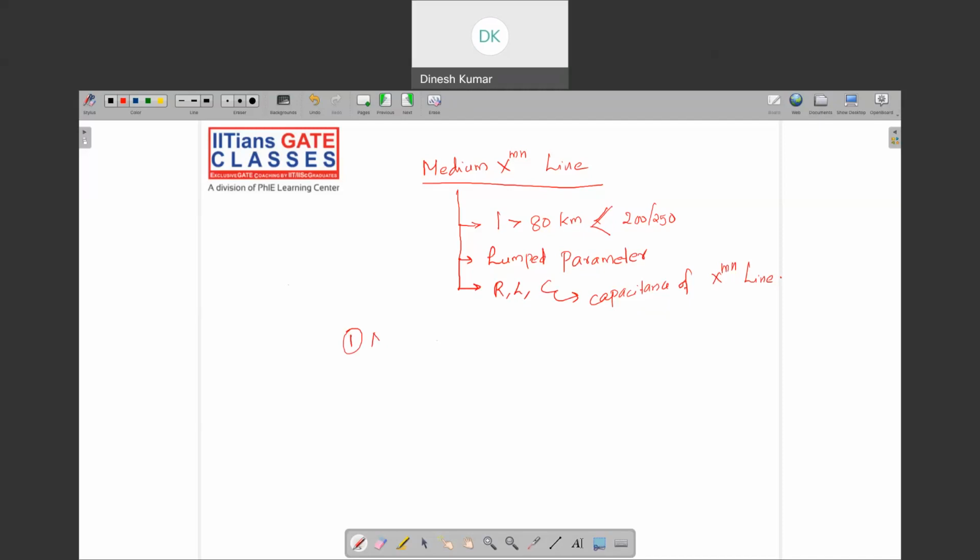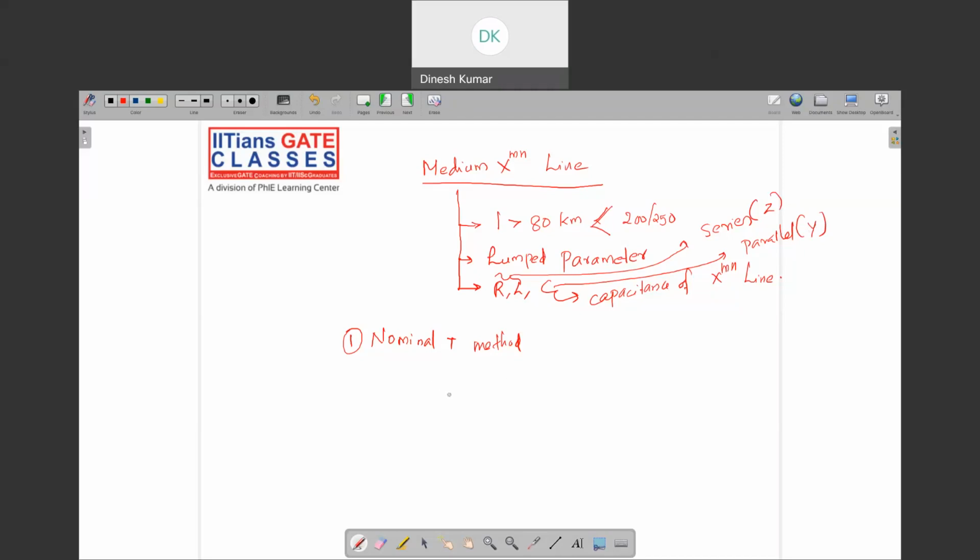First one is the nominal T method. You should remember this. In this, R and L will be in series, and C will be parallel, because that is the normal way of representing R, L, and C. R and L in series is basically Z, and C in parallel is Y. So this is important.